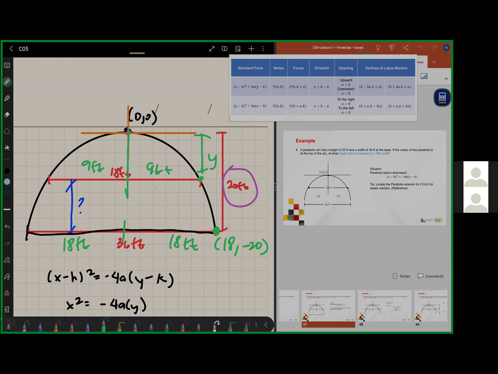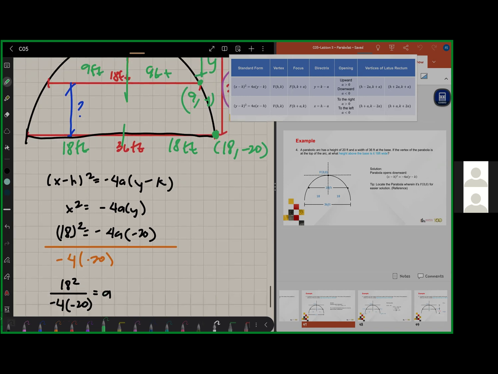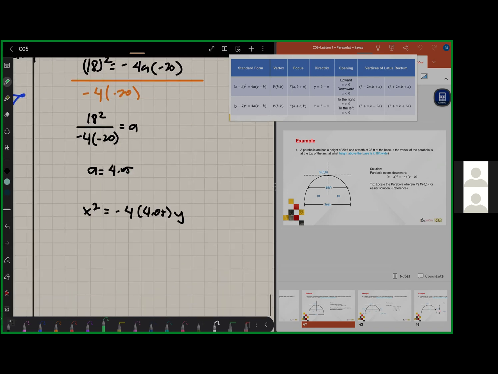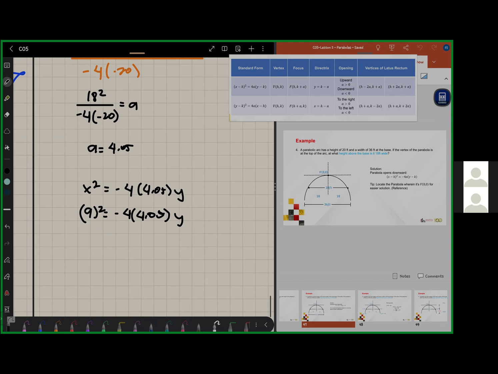So our x is 9 and our y value, that's how we read it. So solving for this, we have our x is 9 squared is equal to negative 4 times 4.05 times y. So trying to solve for this.